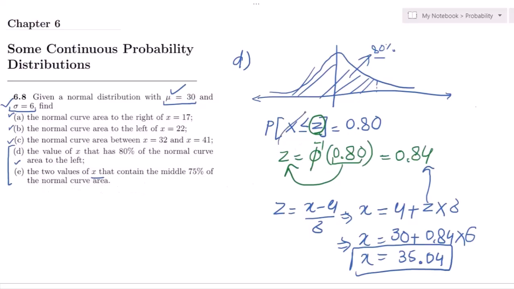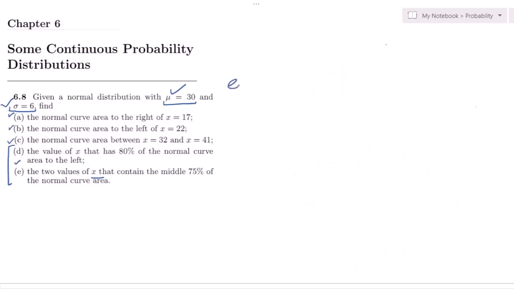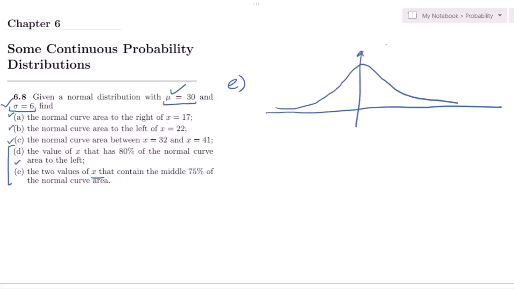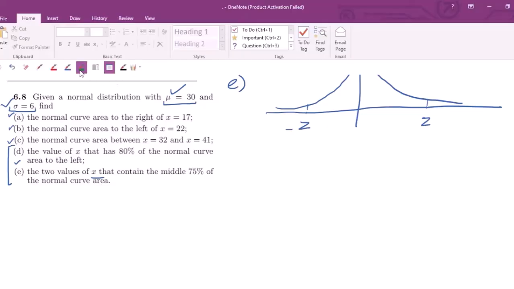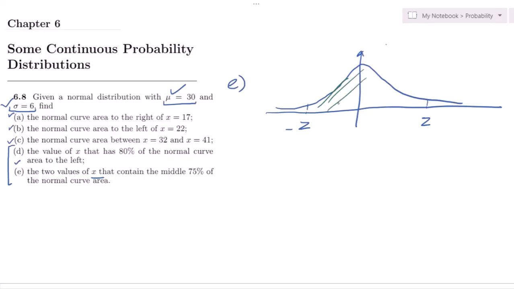Okay, so let us first remove it. Okay, so this is part E, and let me use the similar procedure that we used in a previous question. Let me have here these values, let me call them z and minus z, and the area here is what? The area in between them is this one, and this is around 75%.